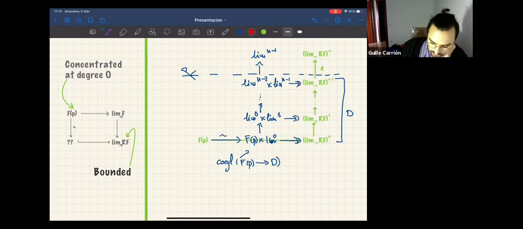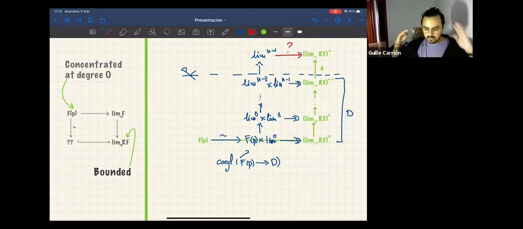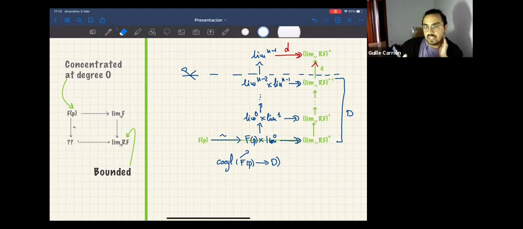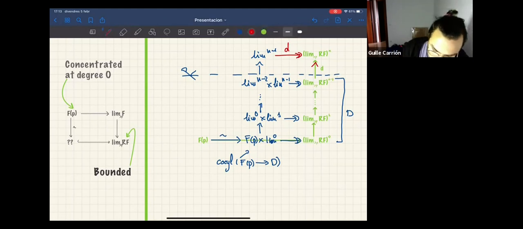So what can we put here? The solution: if D is surjective, we put here D. And then every single arrow is surjective, and also we have to check that this commutes.